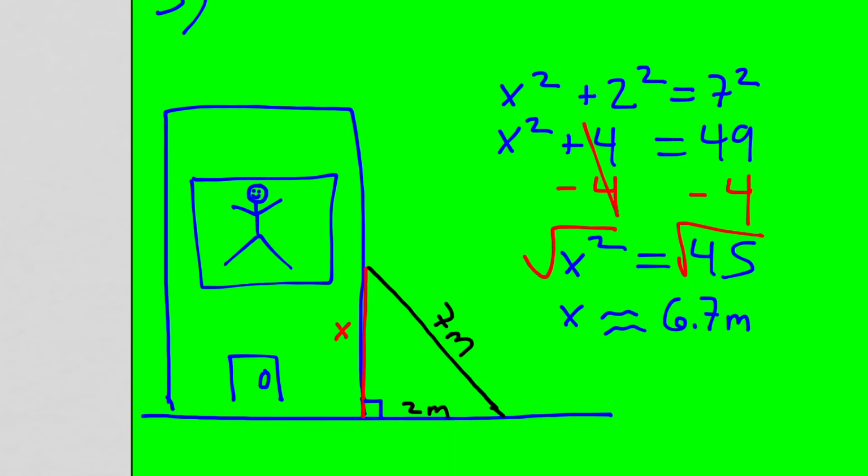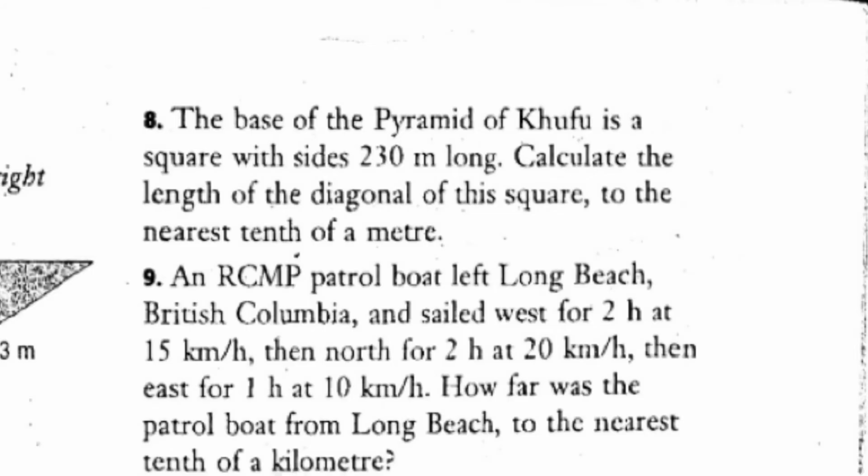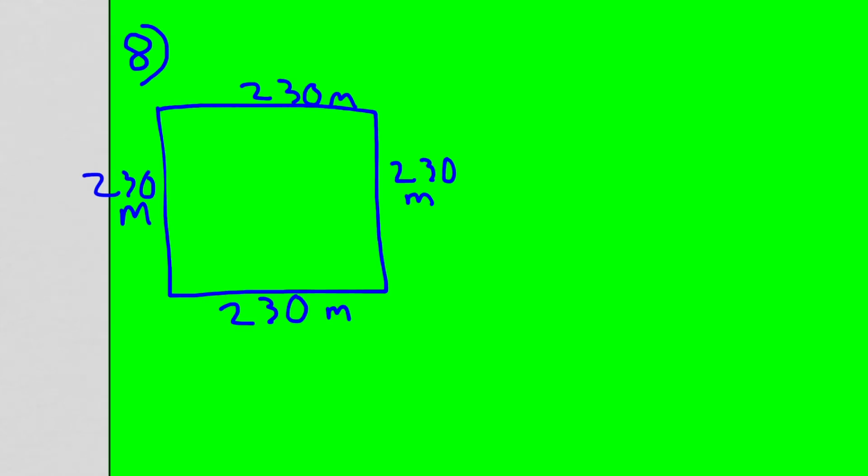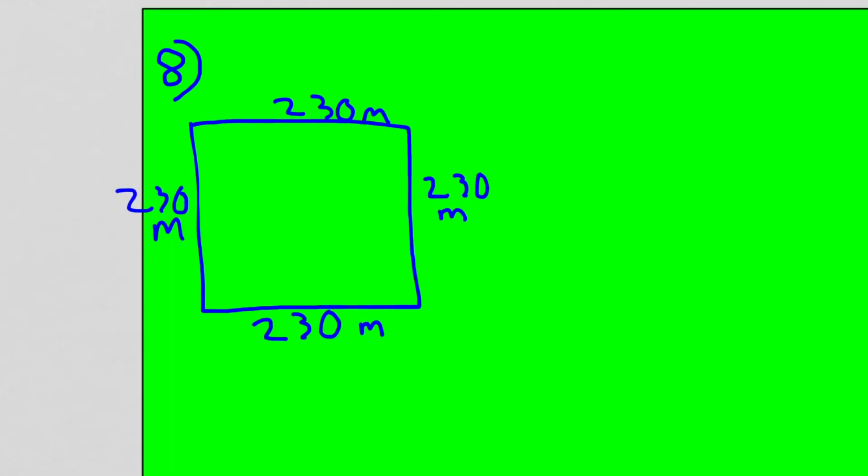The question says, calculate the length of the diagonal of this square to the nearest tenth of a meter, to 1 decimal spot. Okay, well, we haven't talked about diagonals, but we can probably guess that a diagonal goes from one corner of the square to the other, because that's a diagonal line. There's actually 2 of them, right? There would be one here as well, but it would give us the same answer.